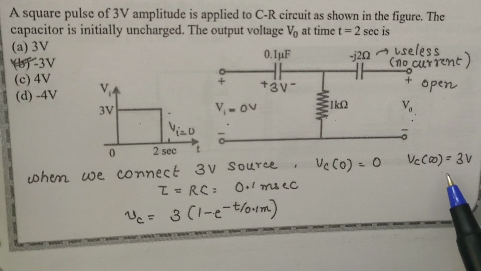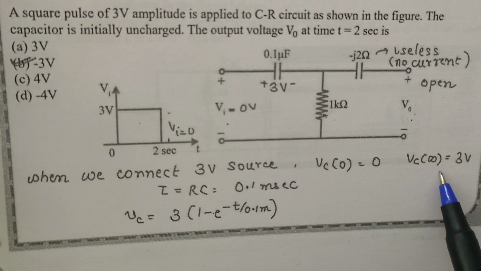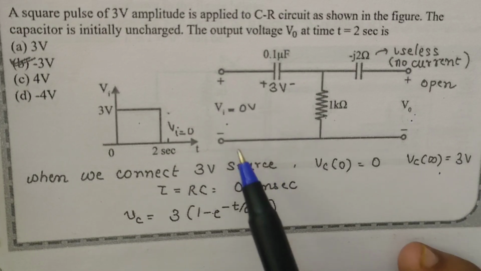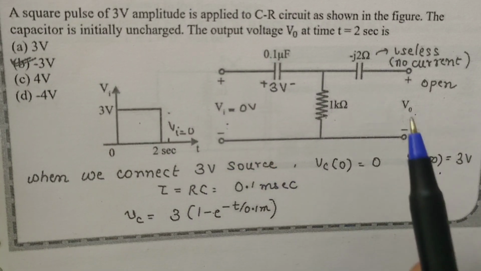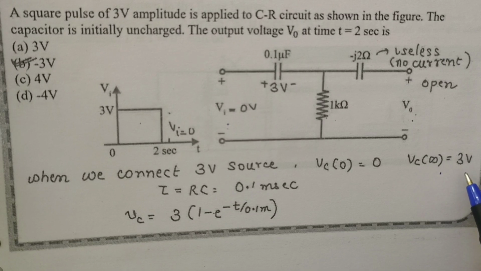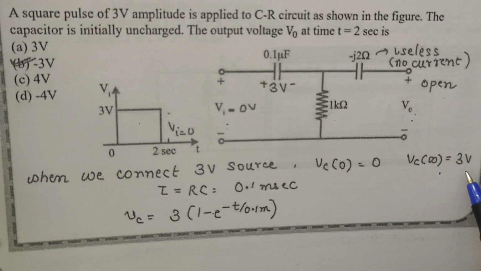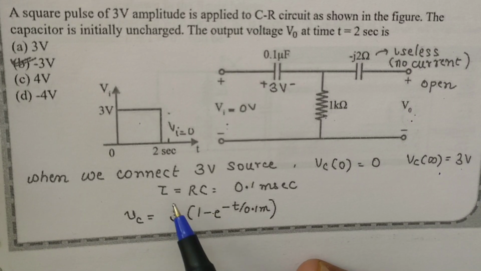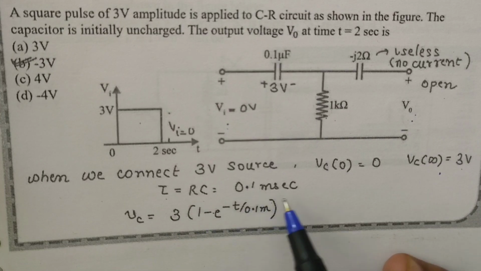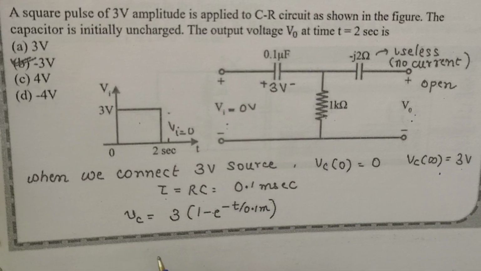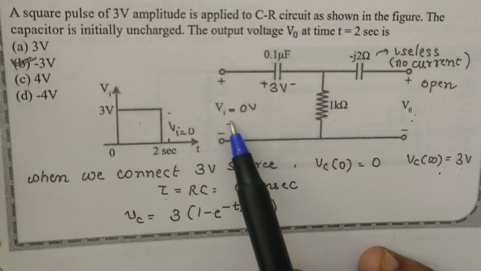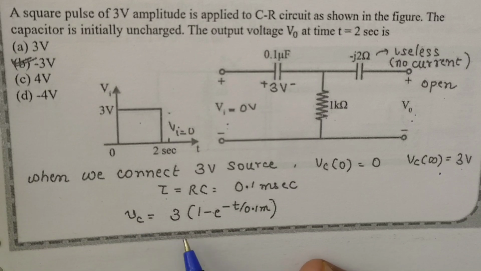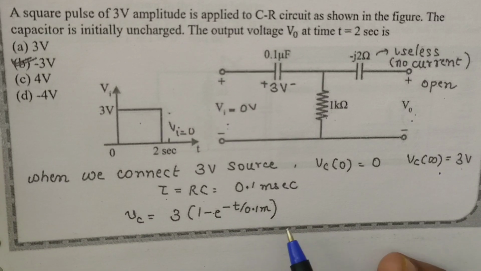At final conditions, the capacitor acts as an open circuit, and this source voltage of 3 volts comes across the capacitor. We know the formula of time constant. RC is equal to 0.1 milliseconds. This is with source, so the equation will be 3 into 1 minus e power minus t by tau.